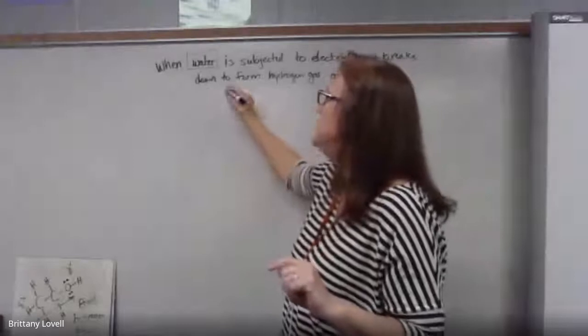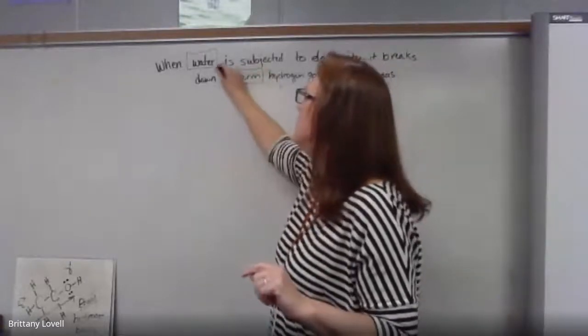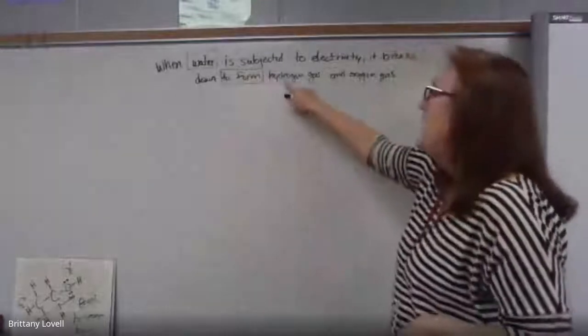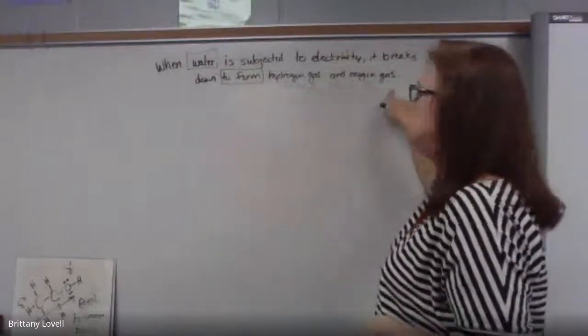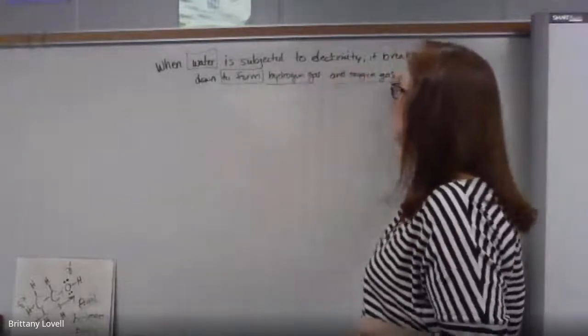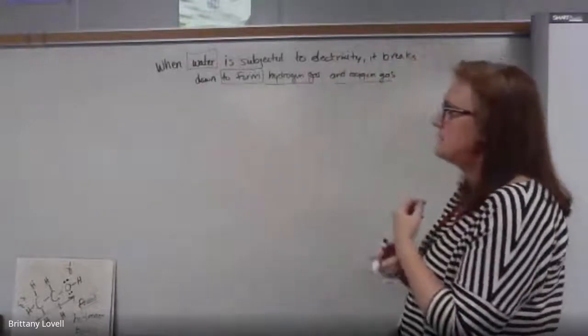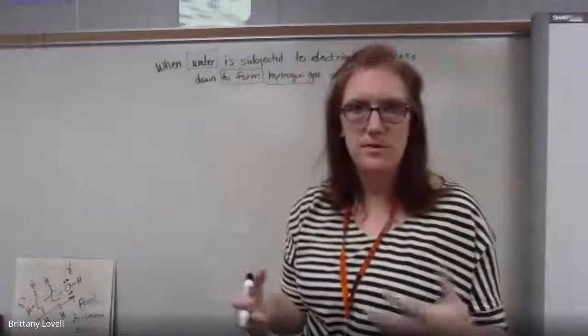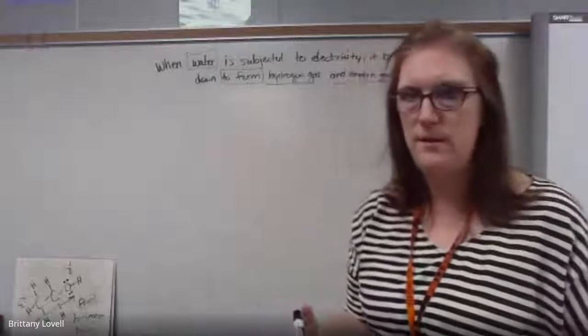But here's our big ticket item, "to form." So we know that's going to mean something, right? Okay, and then hydrogen gas and oxygen gas. These are also going to be important words and phrases, okay? So can you pick out what's our starting substance? What are we starting with?